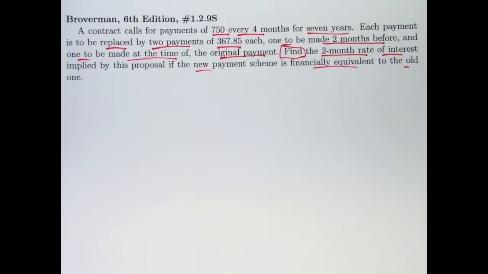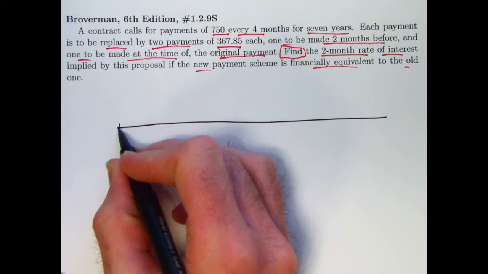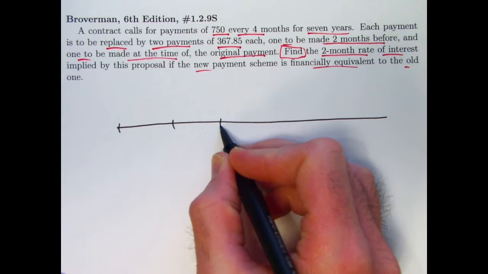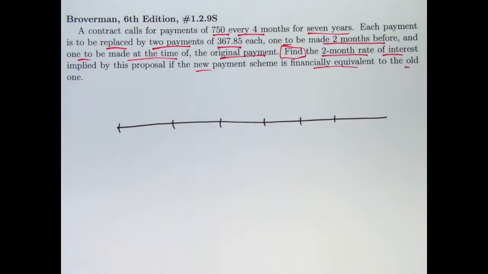All right, as always, so far at least, we start by drawing a number line. And seemingly, you want to label these tick marks to be, say, 2 months apart. But I think this problem is a little trickier than the ones we've had so far.